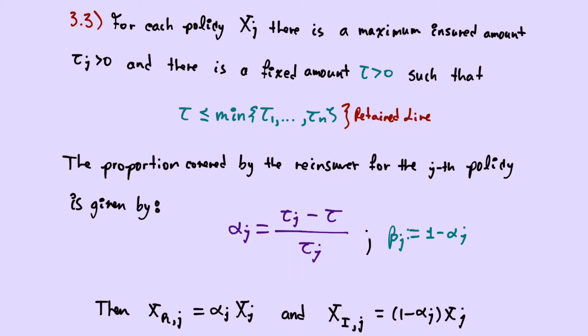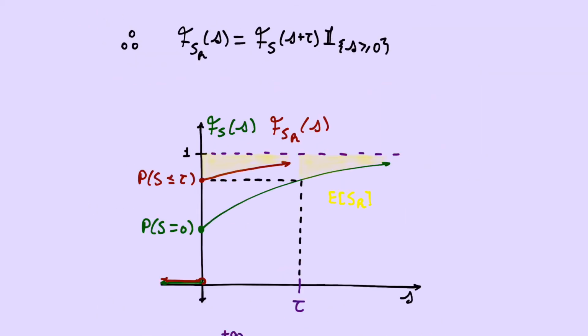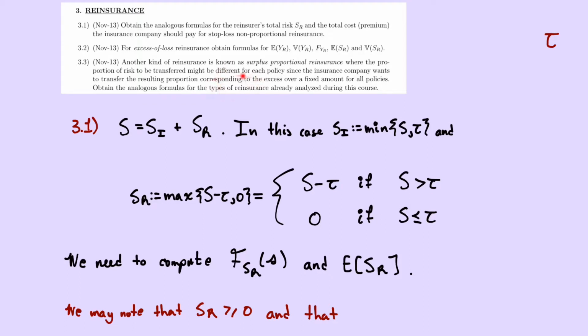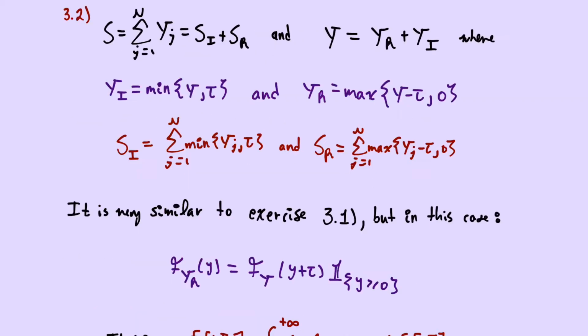But the difficult part of this exercise is not to do the computations. The difficult part is to write what is said here in terms of our random variables, to define the random variables we will then use in the computations. So we will explain it.